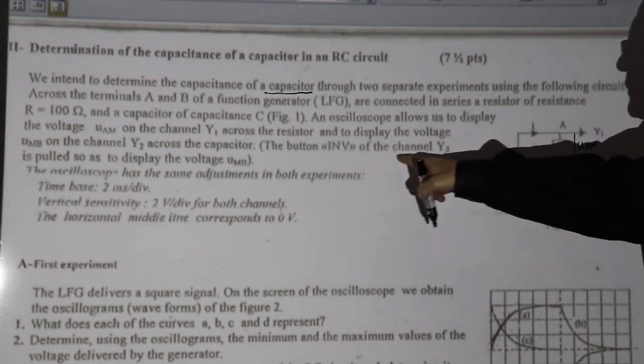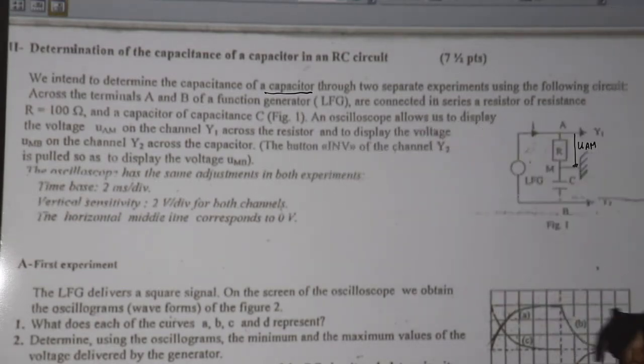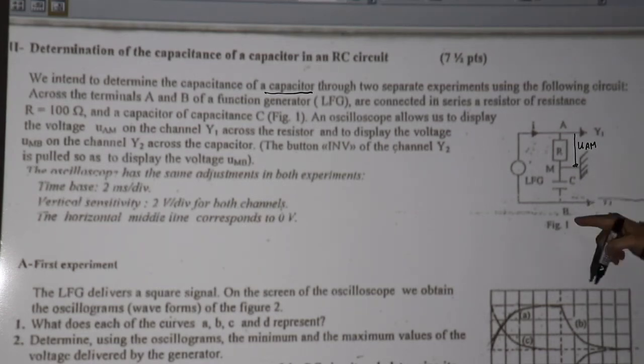The invert button of channel Y2 is pulled so as to display voltage UMB, which means that channel Y2 reads voltage UBM, but then we press the invert button so that it reads UMB. This is UMB.